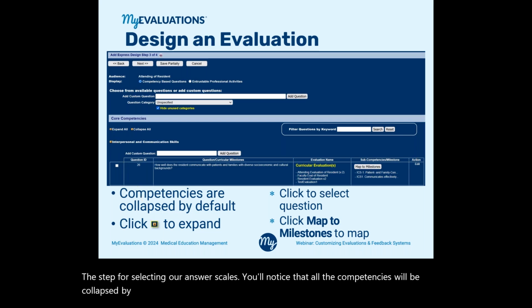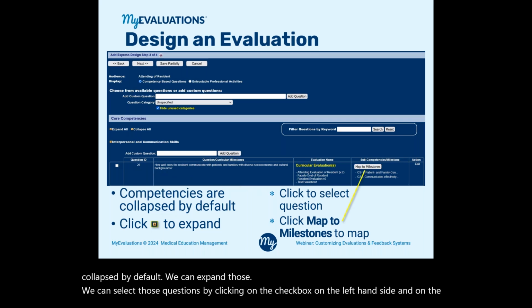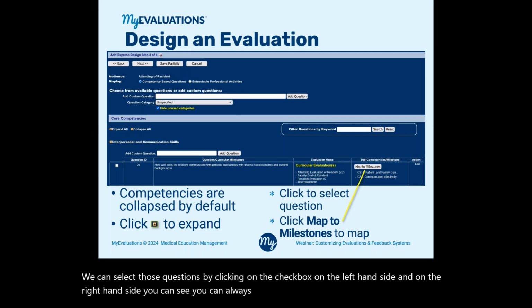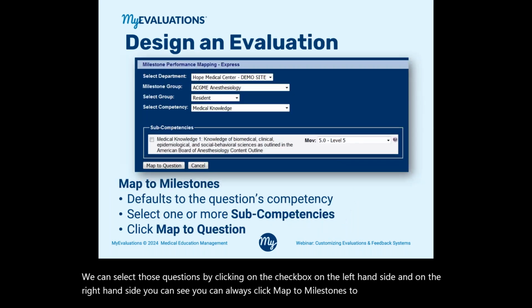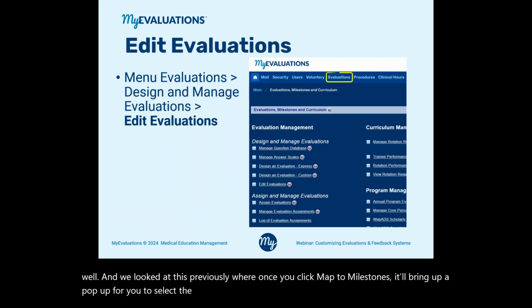We can expand those. We can select those questions by clicking on the checkbox on the left-hand side. And on the right-hand side, you can always click Map to Milestones to map the questions as well. And we looked at this previously, where once you click Map to Milestones, it'll bring up a pop-up for you to select the particular milestone group you want to map to.